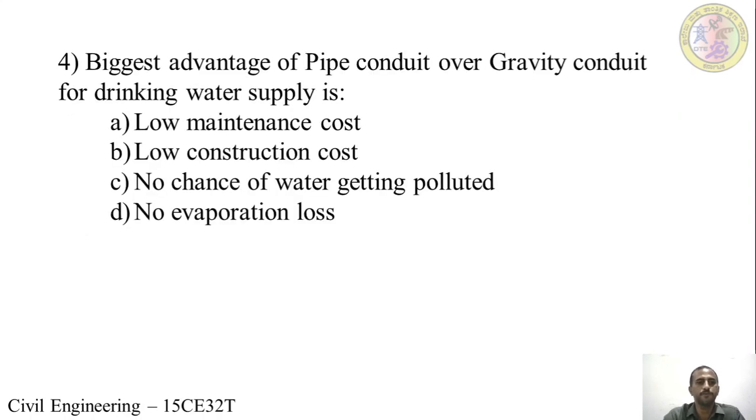Question number 4. Biggest advantage of pipe conduits over gravity conduits for drinking water supply is A. low maintenance cost, B. low construction cost, C. no chance of water getting polluted, or D. no evaporation loss.